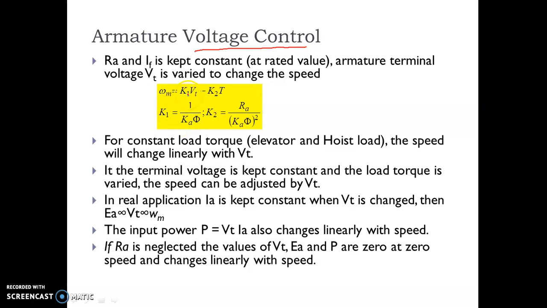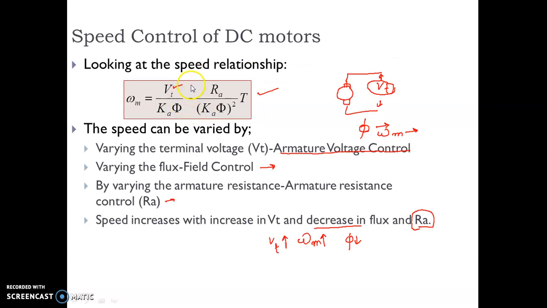So in the equation you see here, if this is our early equation, if phi is constant, then this whole thing will be constant.